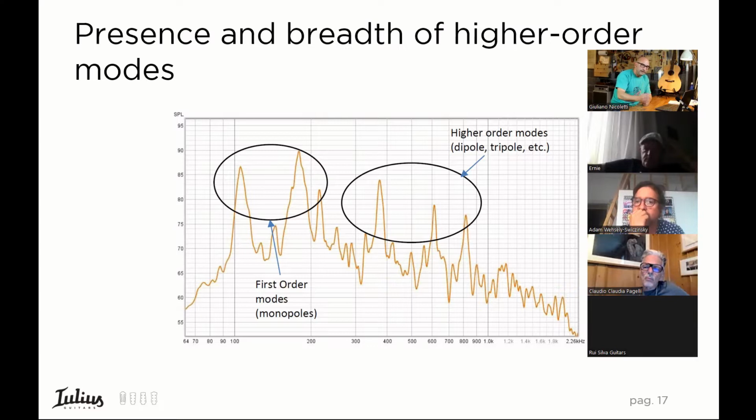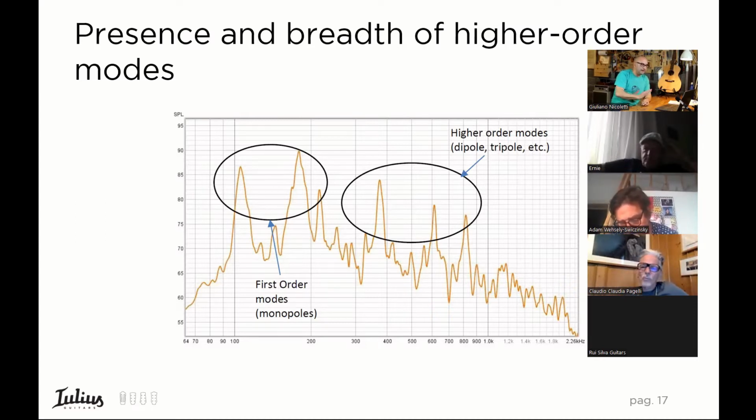But if the soundboard is too heavy, or if the bracing, for example, is designed to avoid higher order modes instead of producing them, it has a very high effect on the frequency response and on the sound of the instrument. So this is something we really have to take care of, in one way or another.